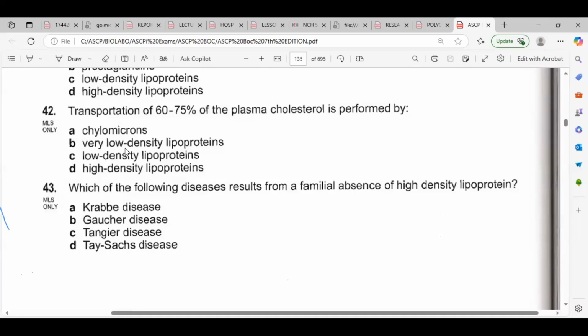There, as it is broken down, it is converted to the intermediate and then to low density lipoprotein. So that is how VLDL is converted into LDL. So it transports mostly triglycerides, the VLDL.